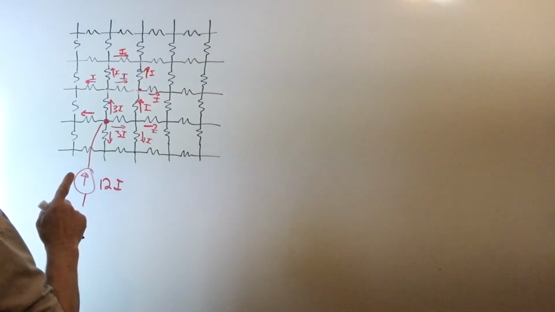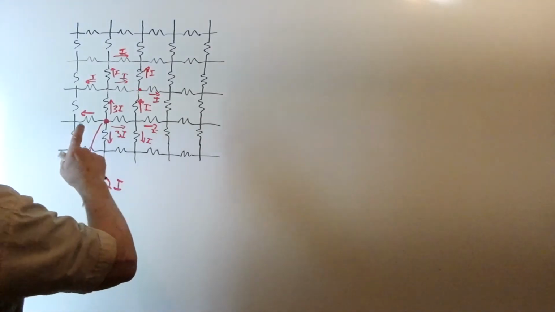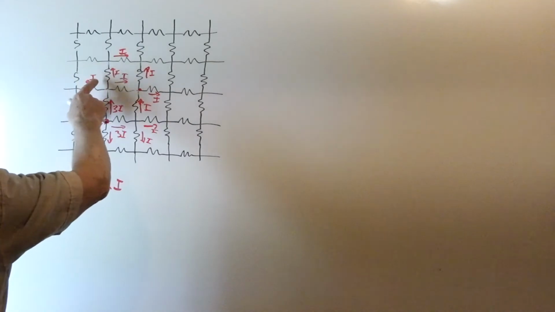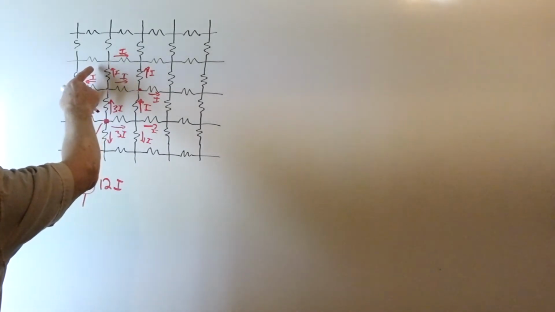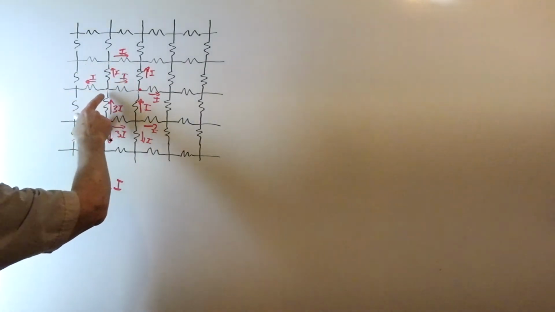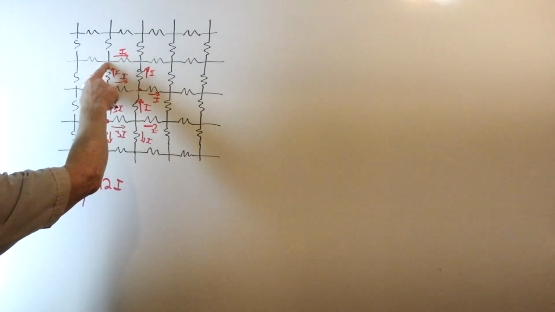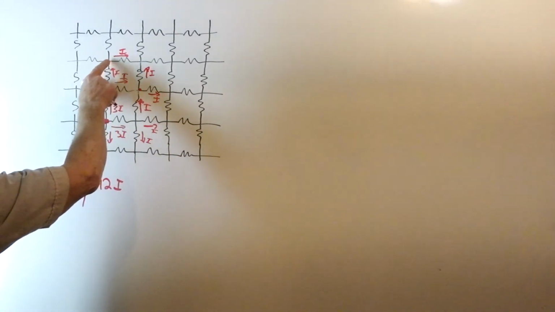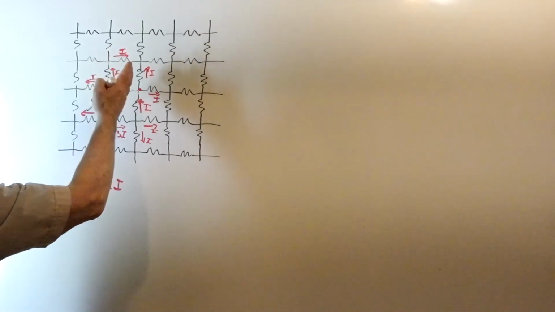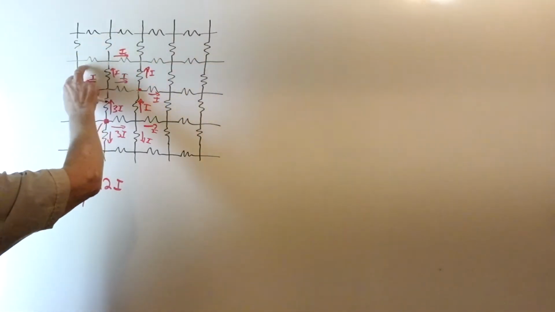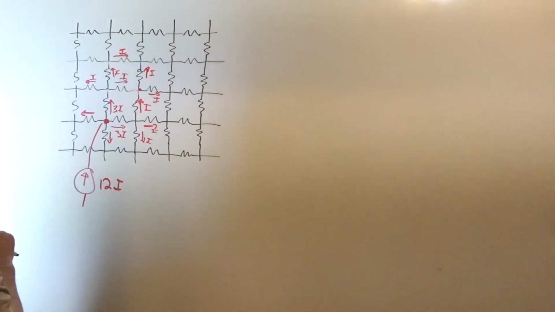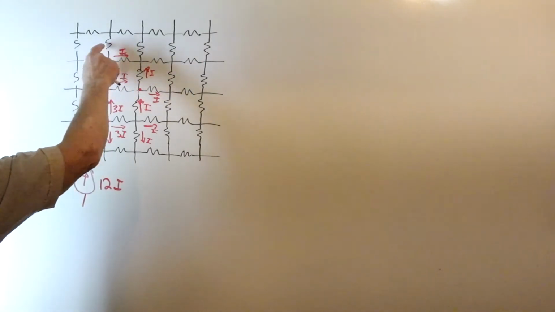Now, what happens when we get, say, to this point here? If you look, we have a current I coming in and we have a current I leaving. There's no current left to go into these two resistors. So the current in these resistors is going to have to be 0.